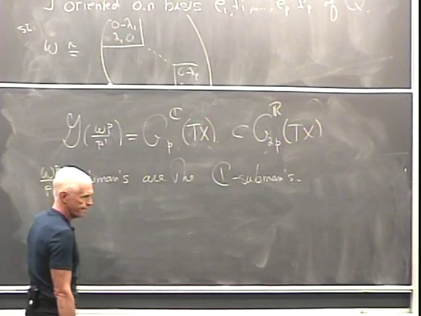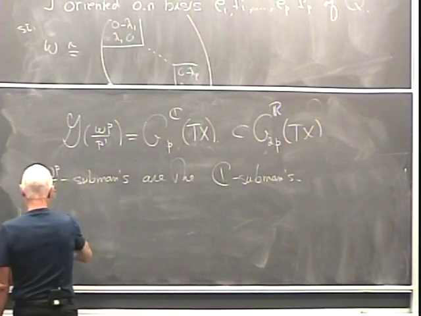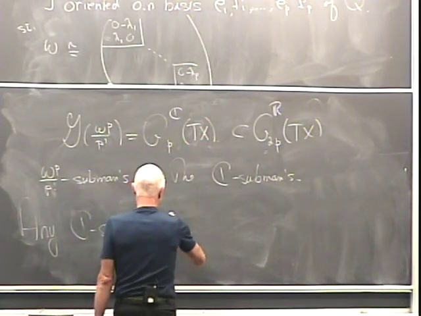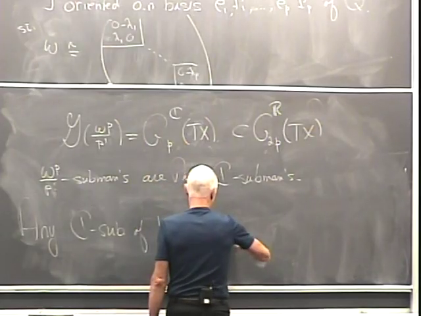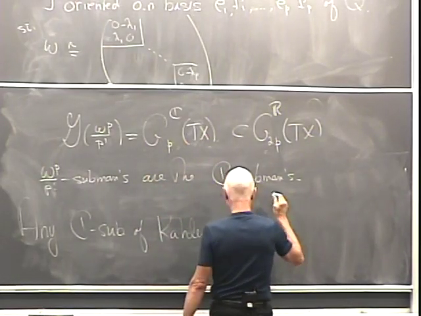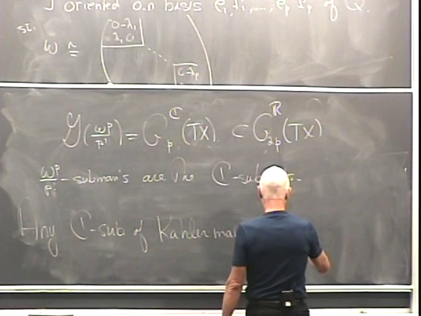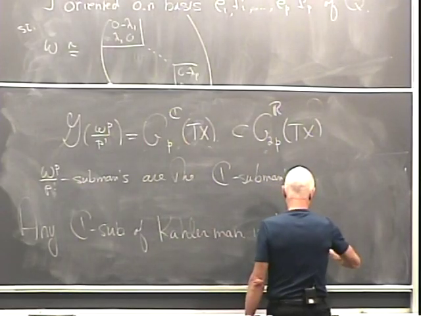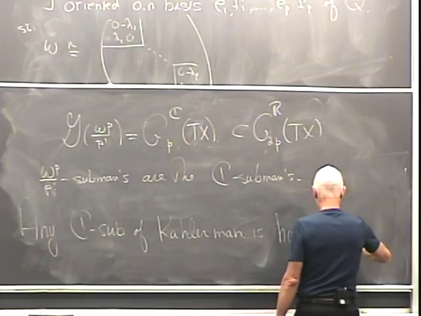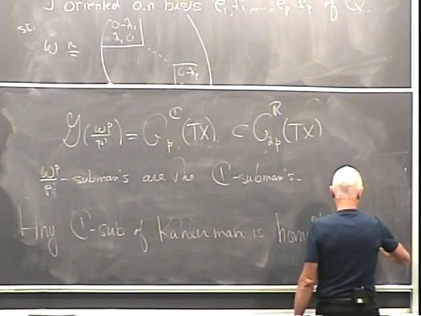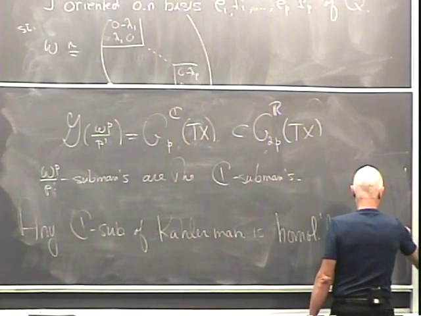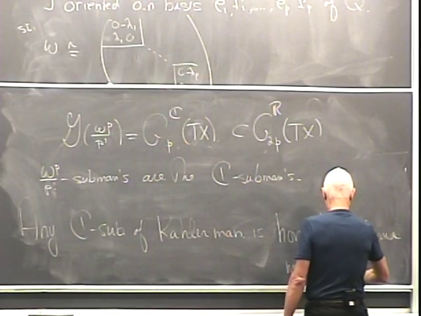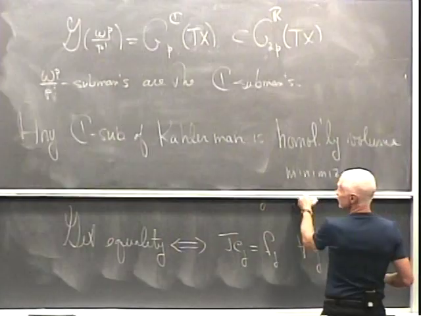And so any complex submanifold of a Kähler manifold is homologically volume minimizing. Okay.